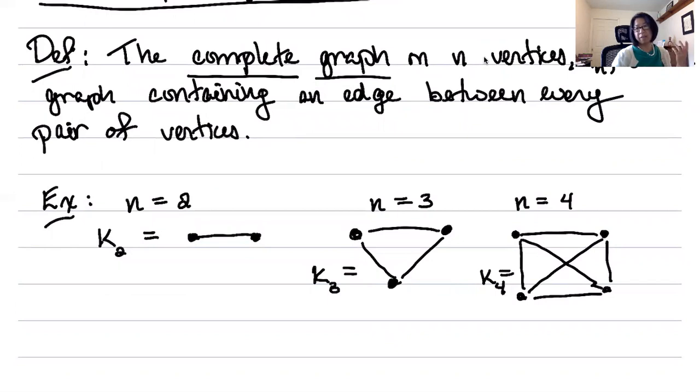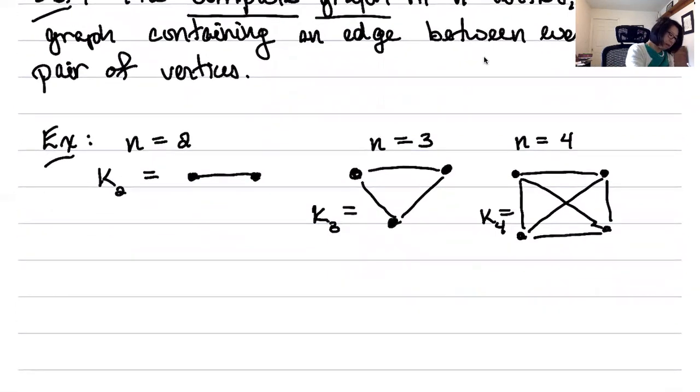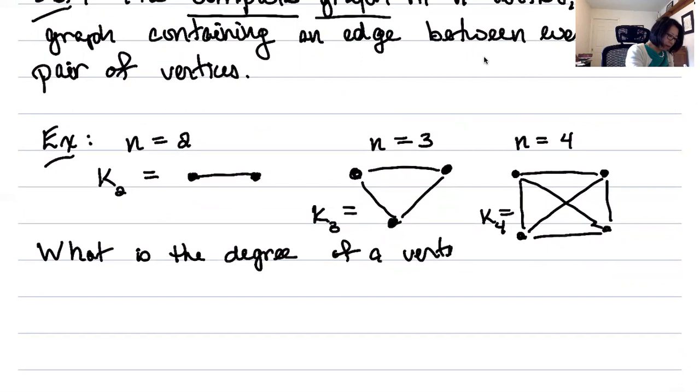So what kind of things can we ask about the complete graph on n vertices? Well, we might want to ask some questions like, what is the degree of a vertex in Kn?